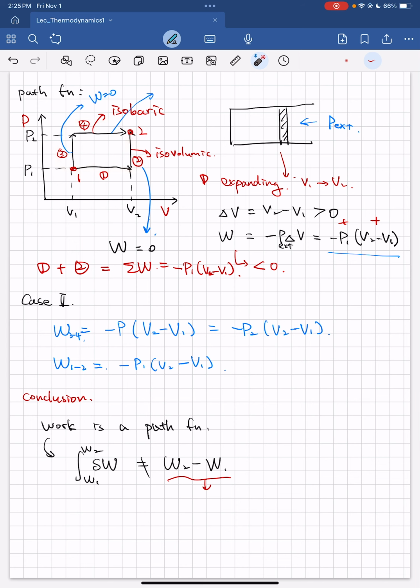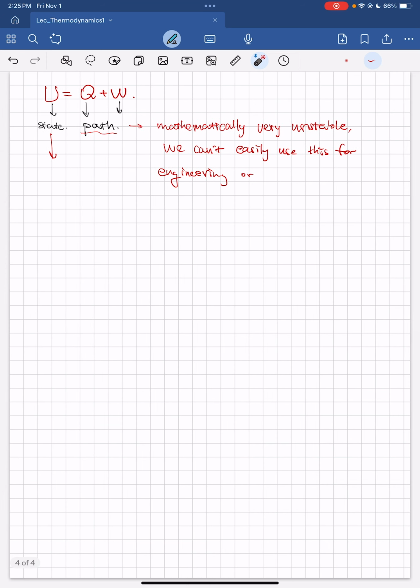It can be some different route like this or like this or like this. We have to think about all these different cases, which is very inefficient. So our strategy is to change this kind of path function into a state function. This is our main strategy. Okay?